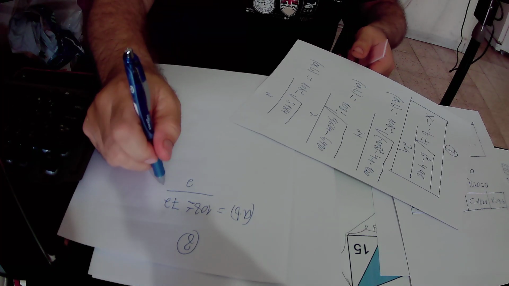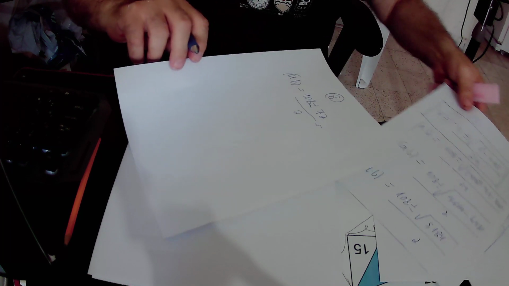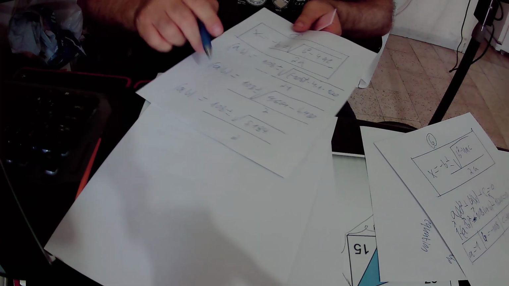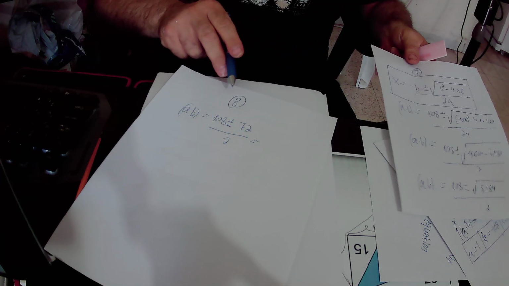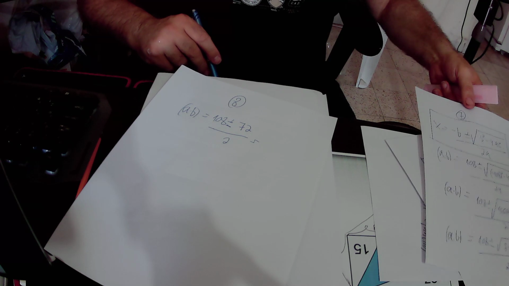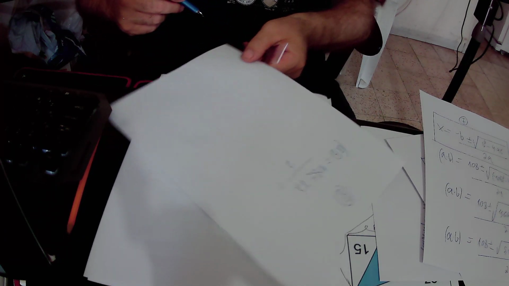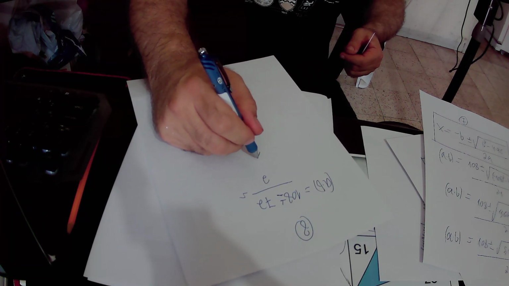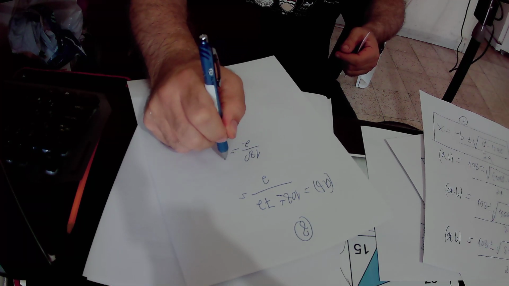Okay, so the root of 5,184 equals 72, so we have 108 plus 72, which equals 180, divided by 2 equals 90.